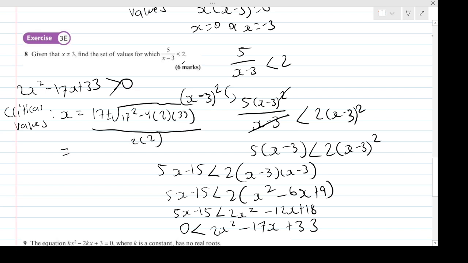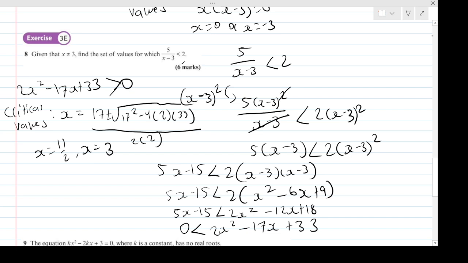So if you do that in the calculator, you get x is 11 over 2, or x is 3. There we are. So that's our two critical values.